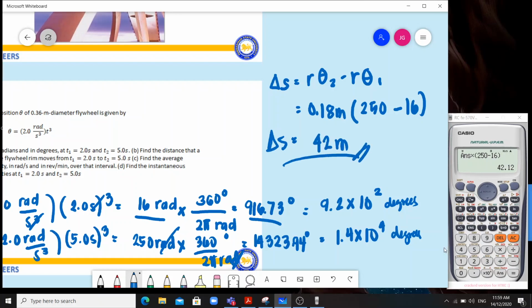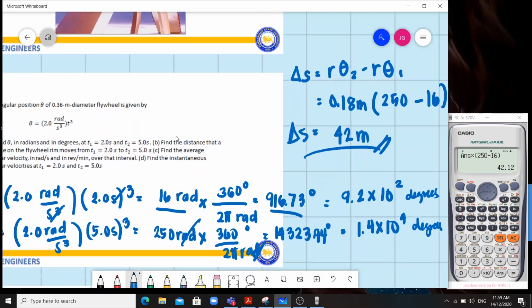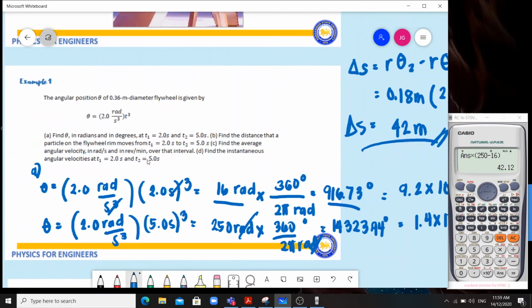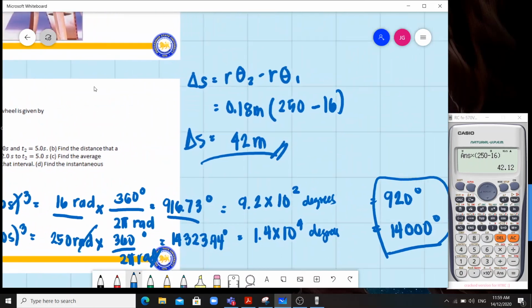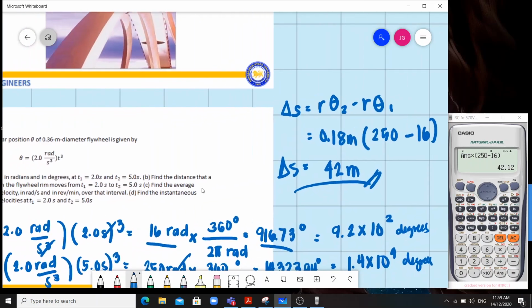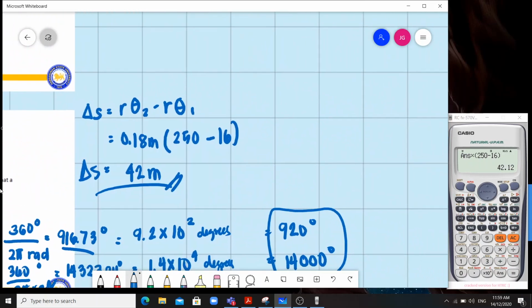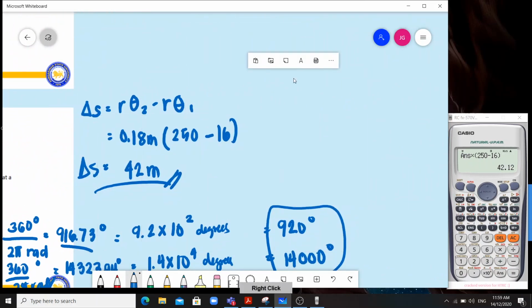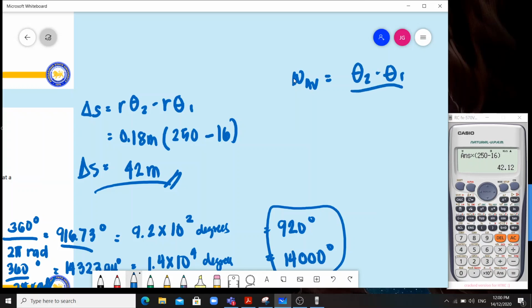Letter C: find the average angular velocity in radians per second and revolutions per minute over that interval. Average angular velocity omega average is theta 2 minus theta 1 over t2 minus t1.